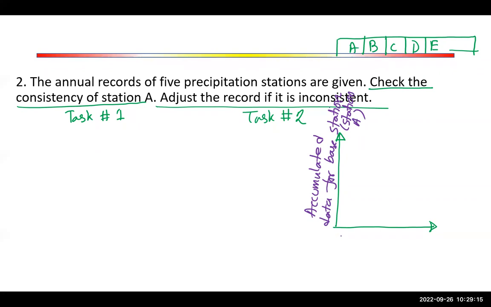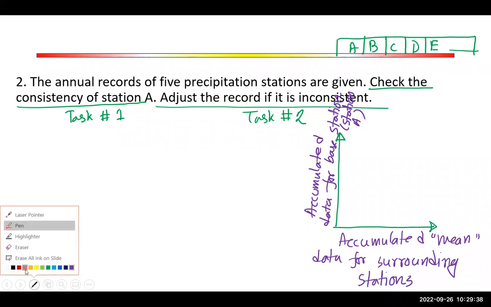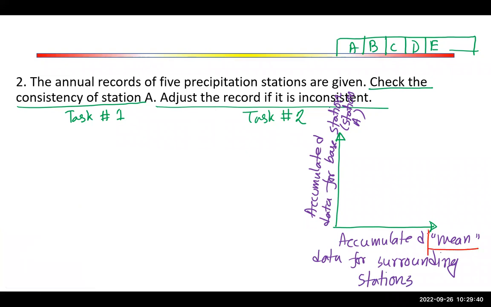So it will be accumulated mean data. That should be precipitation actually, the data for the surrounding stations. Okay. Now this word is important, the mean. You need to find the mean for all the other stations. Don't just add and plot that.